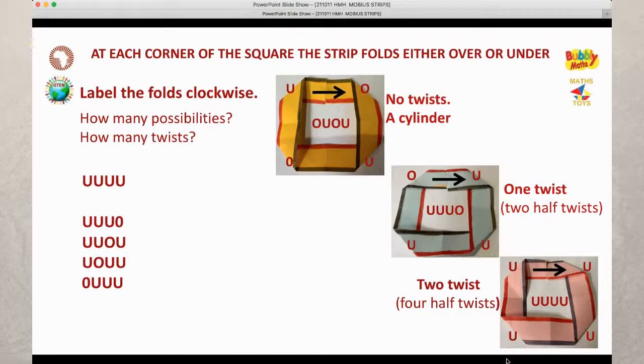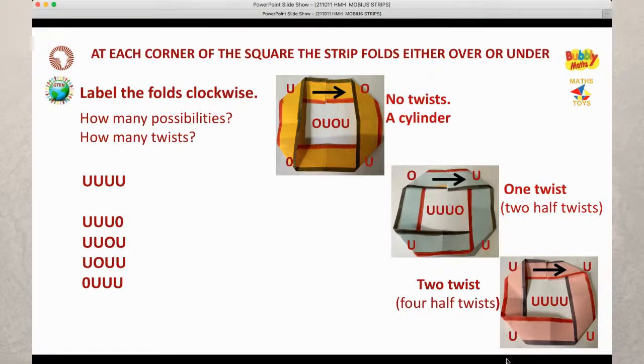But coming back to the question of how many possibilities, we're going to look at all the possibilities, and I've only listed 5 of them so far. The ones where you've got 4 unders, which is the one on its own, and then when you've got 3 unders, you can have them in those sequences. You can have under, under, under, over, or under, under, over, under, and you can see there are 2 more possibilities there.